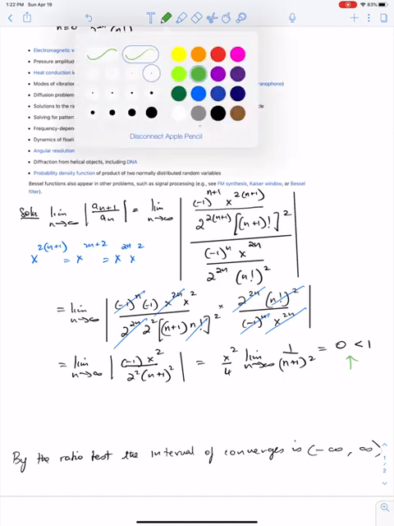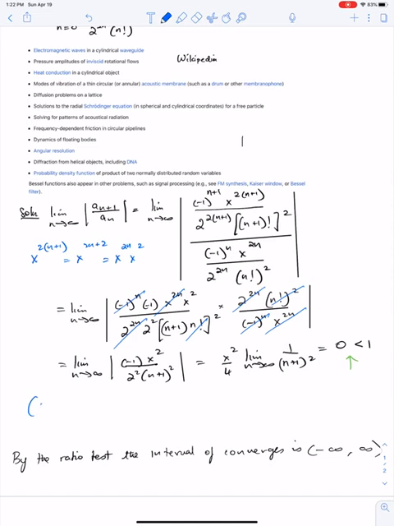So over there in the previous example, we ended up with the limit as n tends to infinity of a_(n+1) over a_n equal to the absolute value of x minus 3. And so it was conditional, so by the ratio test, the series converged for the absolute value of x minus 3 less than 1.